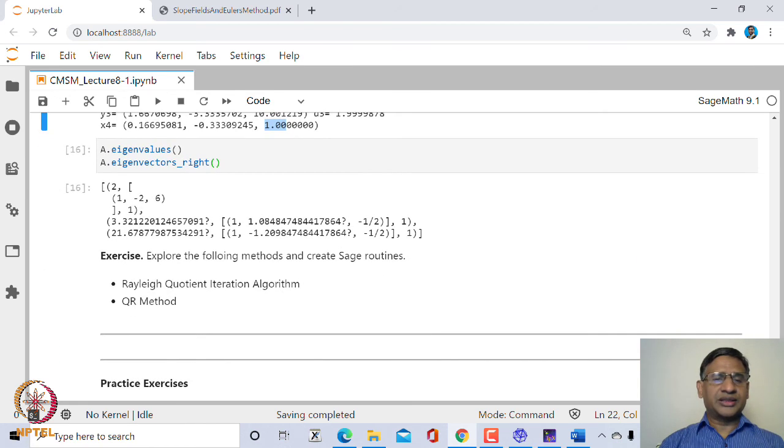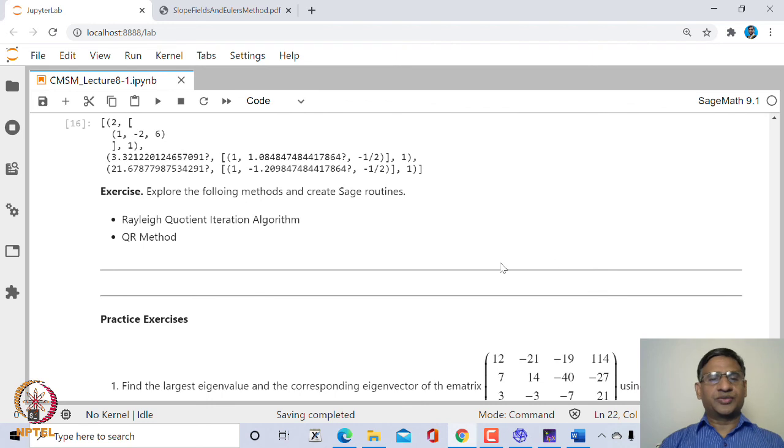There are other methods which one can use in order to find eigenvalues and eigenvectors. One is the Rayleigh quotient iteration algorithm. It uses the Rayleigh quotient, and in this case one can also find other eigenvalues and eigenvectors.